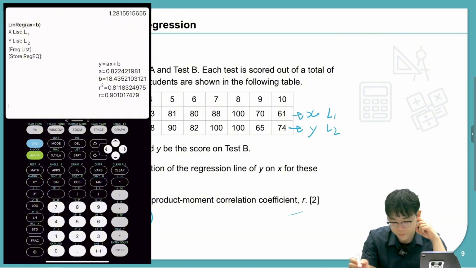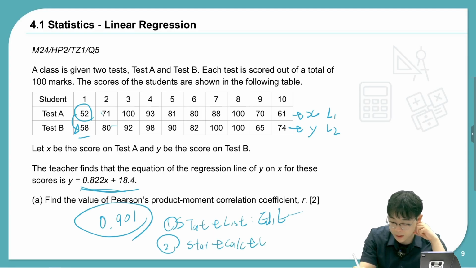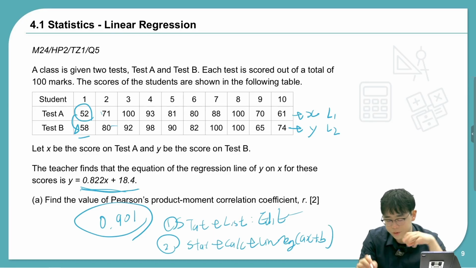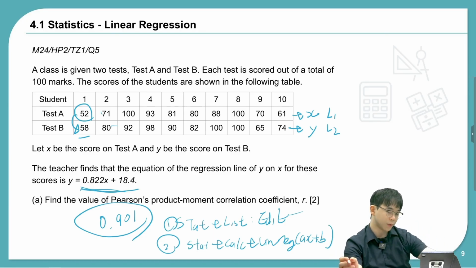As long as you go to stats, lists, and then edit to put in these values, that's step 1. And step 2, you do stats, calculate, and then linear regression. As long as you use this feature properly, you should get the correct value of 0.901.